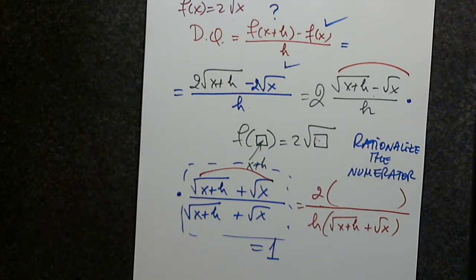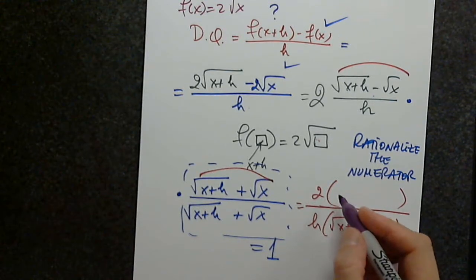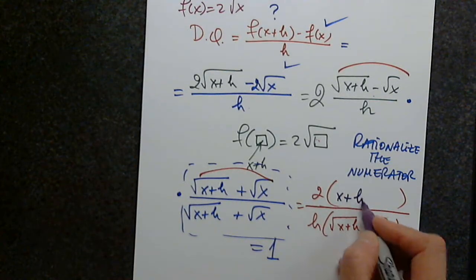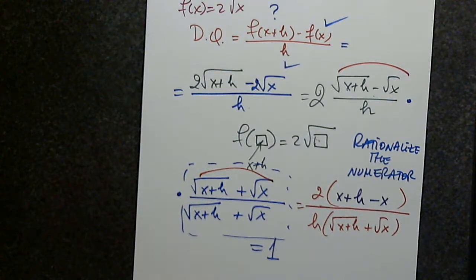It's a plus b times a minus b. It must be a squared minus b squared. There's no thinking, right? We know the special product. So what will you tell me to write? x plus h minus x. That's it. First term squared minus the second term squared.